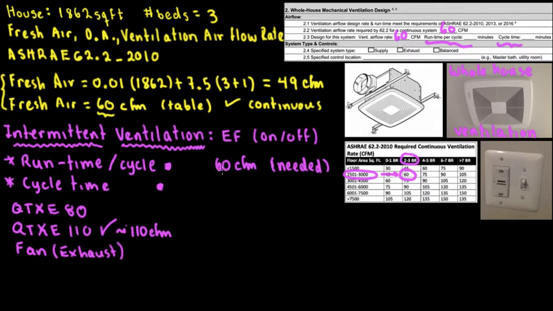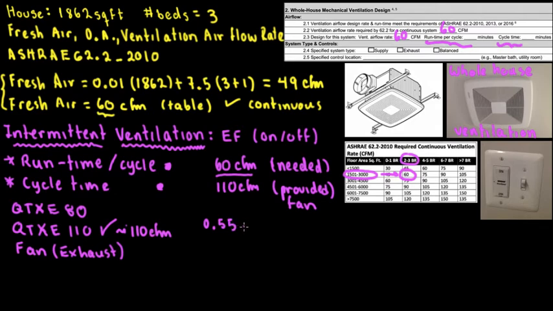That's what is needed, and we're going to divide it by what is provided from the exhaust fan. That's going to be 60 divided by 110, which is 0.55.